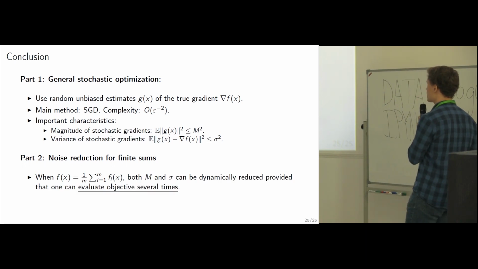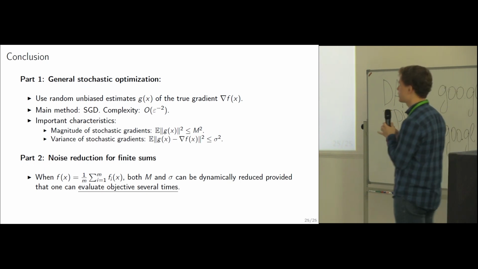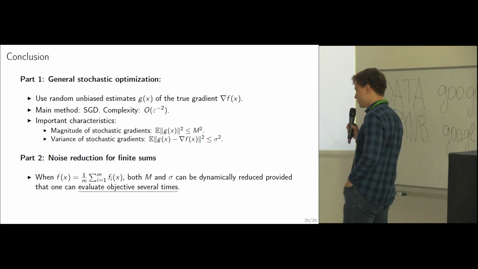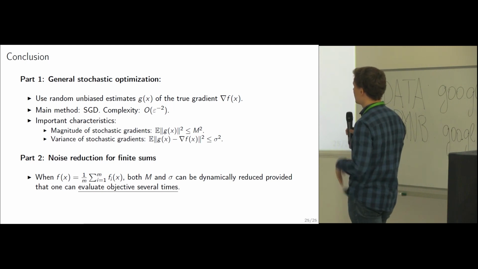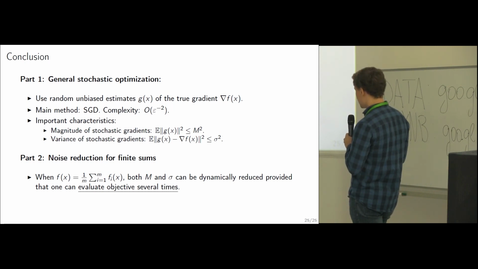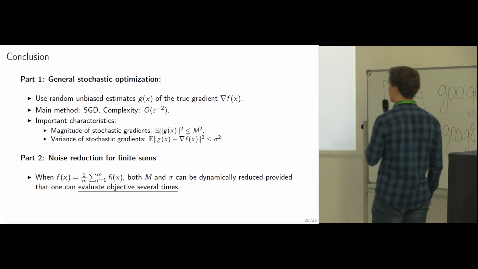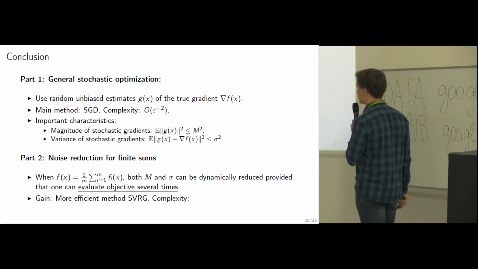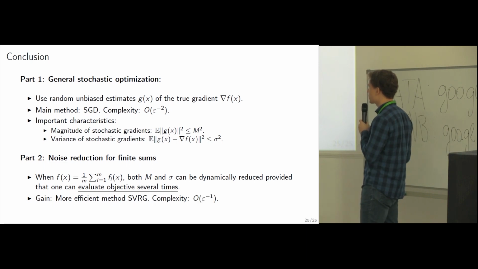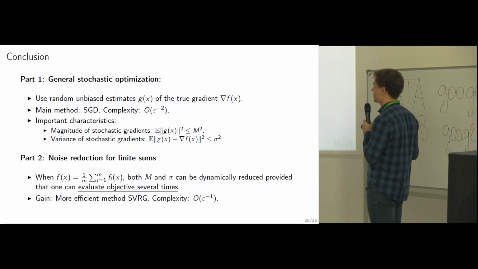If we consider the special case of the general stochastic optimization problem, which is called the minimization of finite sums, we saw that these two quantities, m and sigma, can be efficiently reduced dynamically, and this led us to the SVRG method that had this improved dependency on the accuracy that we wish to obtain.